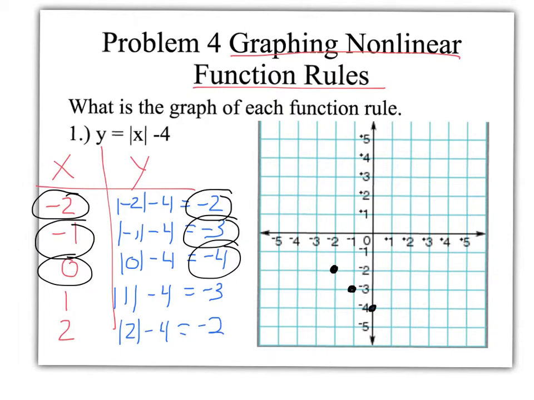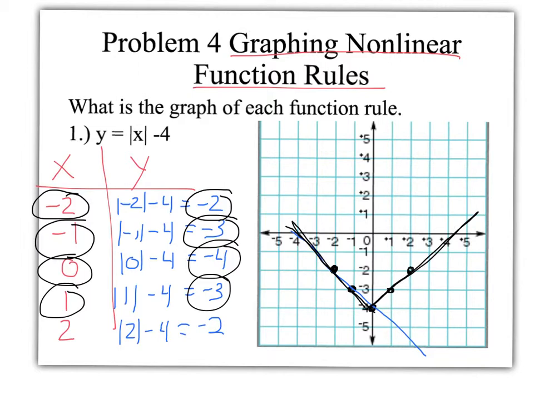So if you just graph negatives, it kind of looks like your line is going down like this. Okay, but then when we get to the positives and we graph 1, negative 3, and then 2, negative 2, you can see that the graph is coming back up again. Okay, so if the negatives are going this direction, the positives are going this direction.